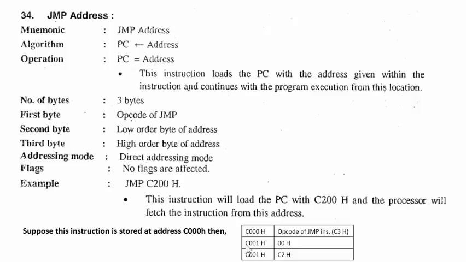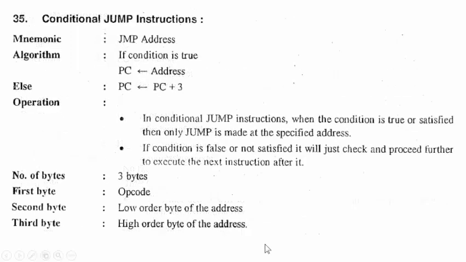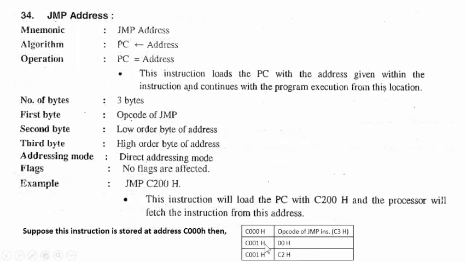Then at the next memory location, C001, you will find the lower byte of the address, that is 00X, and then in the next location the higher byte of the address, that is C2X.